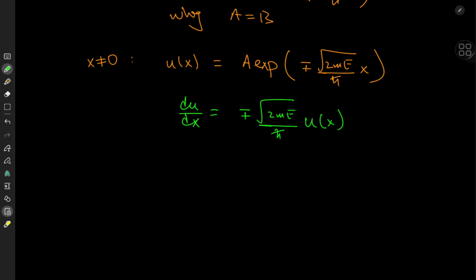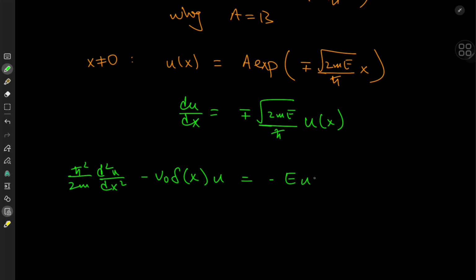So for any x, we have h bar squared over 2m d squared u over dx squared plus V of x times u. Now, V of x is, of course, negative V naught Dirac delta of x times u, equal to negative E times what exactly?